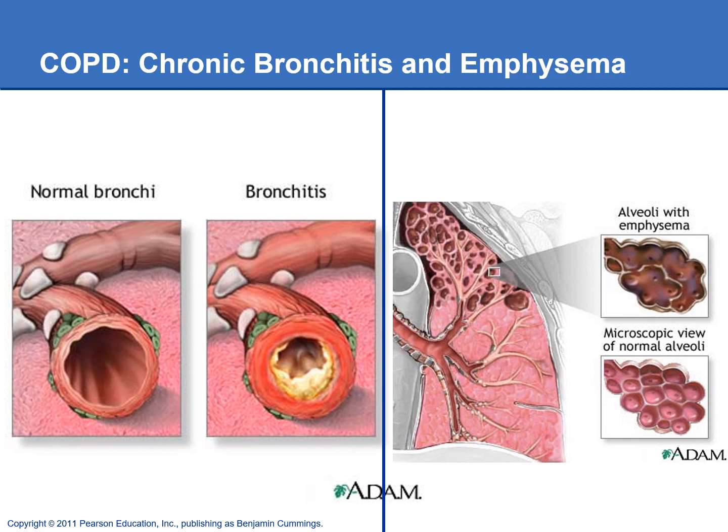And in emphysema, the problem is down in the air sacs. So the normal alveoli is pictured on the bottom, and then the alveoli with emphysema, they're pictured here on the top. So with the chronic inflammation, the walls of the alveoli get destroyed, and that's going to cause two problems.